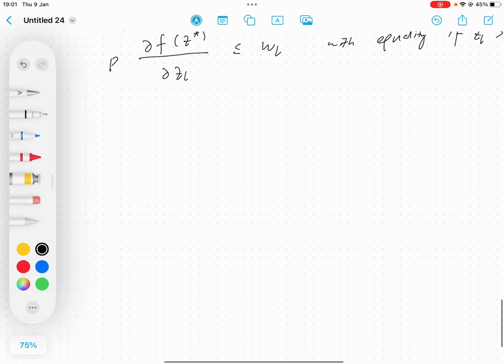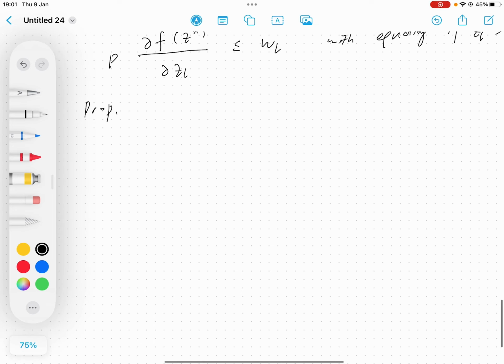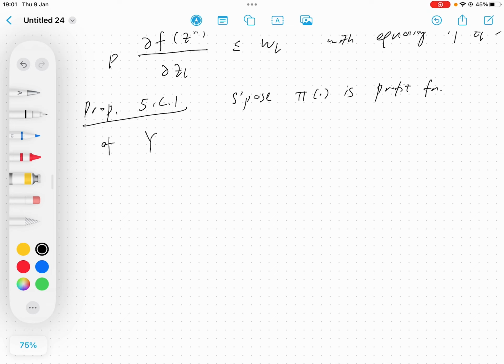So next, we're going to go into Proposition 5.C.1, where we're going to introduce all those properties that are satisfied by the PMP problem or the profit function. So we suppose this pi is the profit function of the production set Y, and y is the associated supply correspondence.